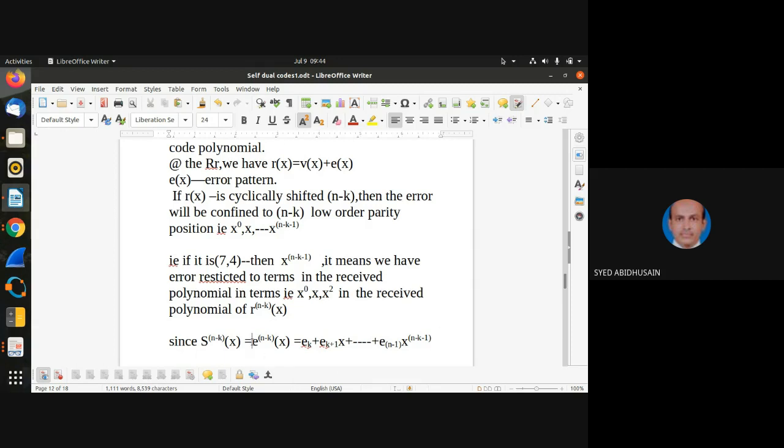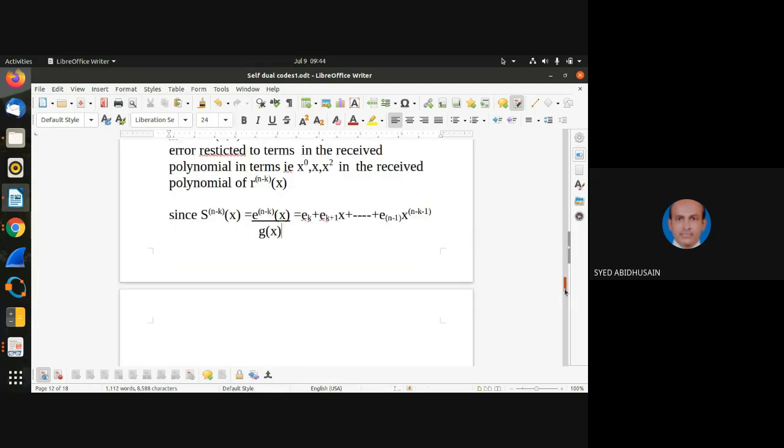So this has to be divided actually by g of x. That means if you divide the received error pattern by g of x, at the receiver side we know g of x. What is it?